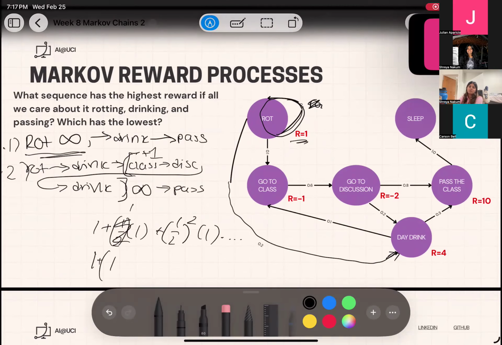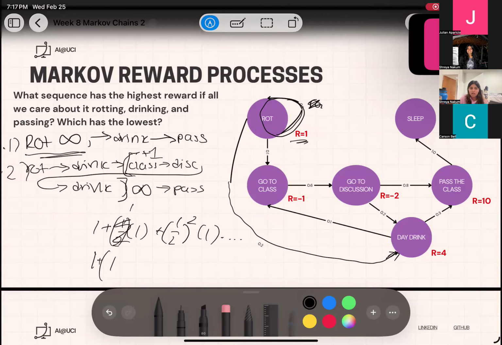If we have a discount factor that's closer to one, then rotting infinitely will be fine, because we're not losing much of the reward. The whole point of an MRP is I want the biggest reward value. Say I have like 15 days to study, and every day I do one of these things.